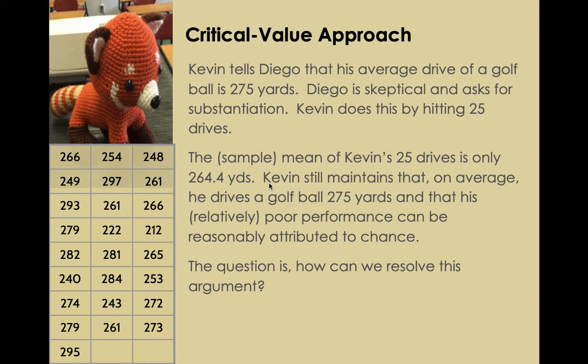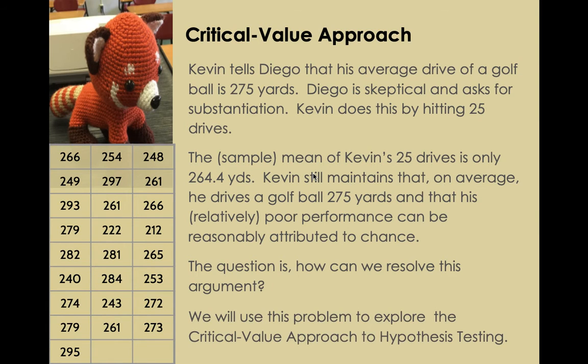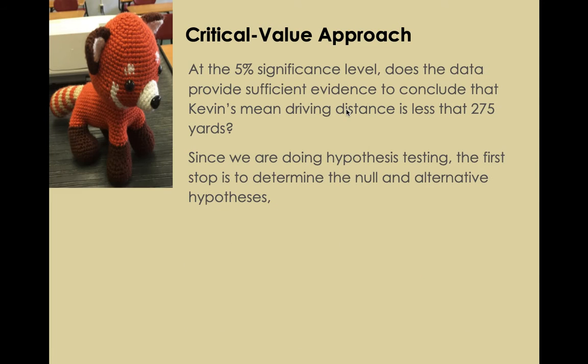How do we decide this? This is where hypothesis testing comes in, and we are going to do this with a critical value approach. So we start off again: how close is close enough? Because we said we can't prove it.